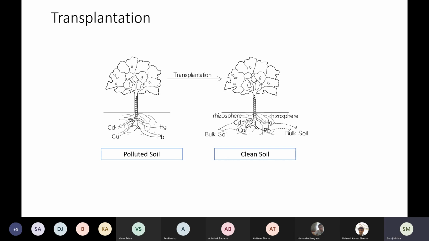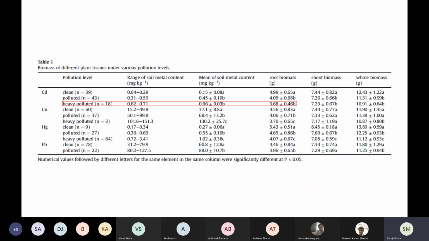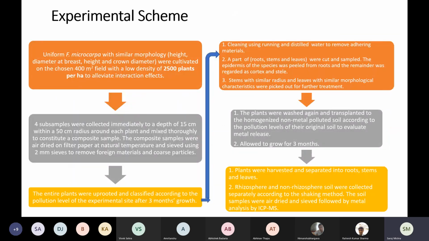Is that clear to everybody? Yes, ma'am. Okay, so now let me go back and very quickly give you the experimental scheme. That is the way it should be understood: this ficus plant is taken, with similar morphology. Obviously, you don't want any variation in the beginning. So you make sure that you select plants which are approximately the same in height, the diameter at the trunk, the height and the crown, etc. They are cultivated on the chosen 400 square meter field with a low density.